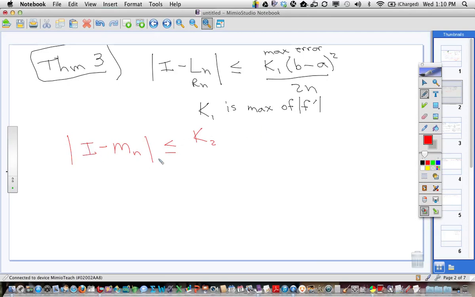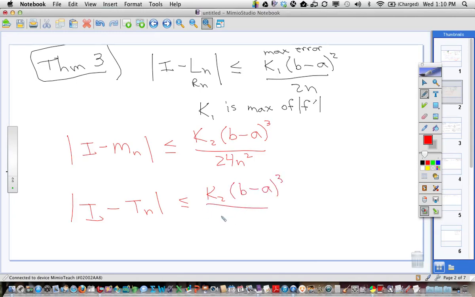The max error for a midpoint is K2 times (b minus a) cubed all over 24n squared. And the max error for a trapezoid is K2 times (b minus a) cubed all over 12n squared.